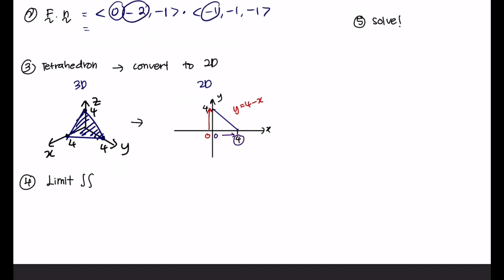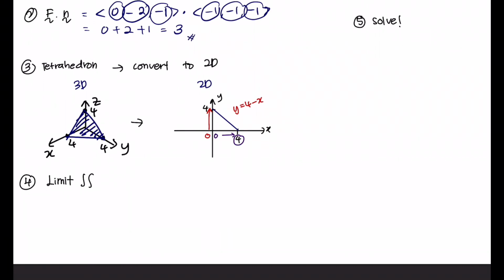Negative 2 multiplied with negative 1 is 2, so 0 plus 2. Negative 1 multiplied with negative 1 is 1, so plus 1 equals 3. So the dot product of F and n is equal to 3.